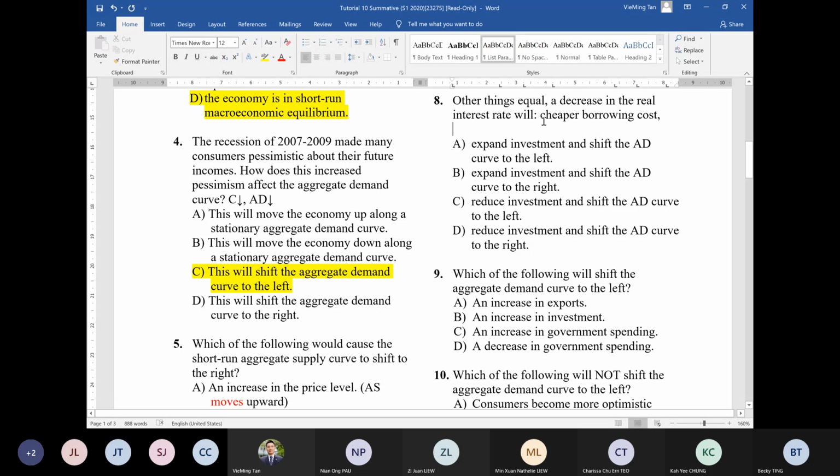The consequence is cheaper borrowing cost. All right. So if the borrowing cost is cheaper, is that going to affect the AD? Yes, going to affect. Which AD is going to affect? Okay, I'll show you. As we know, AD is equal to C plus I plus G plus NX.